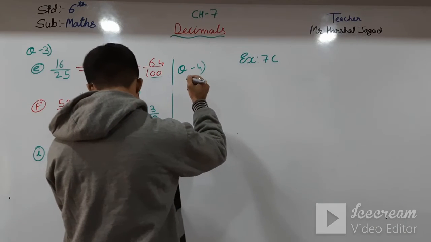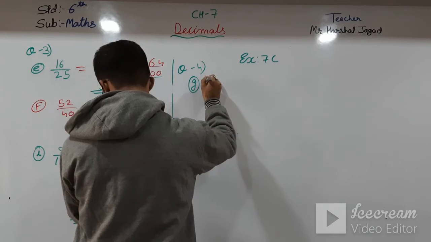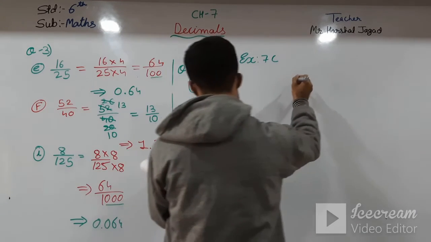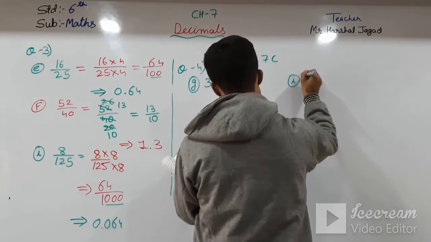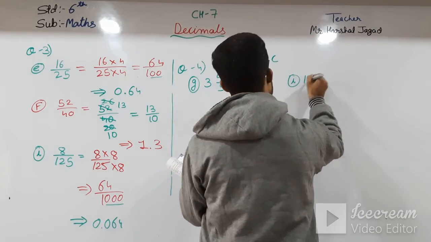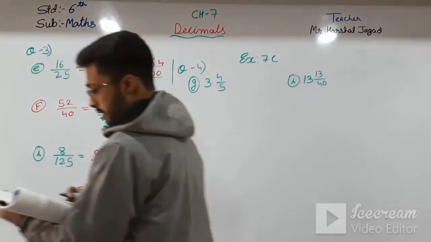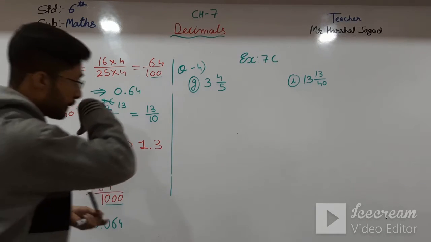From that we will do G, that is 3 4 by 5, and I, that is 13 by 40. Okay, so we will do this.